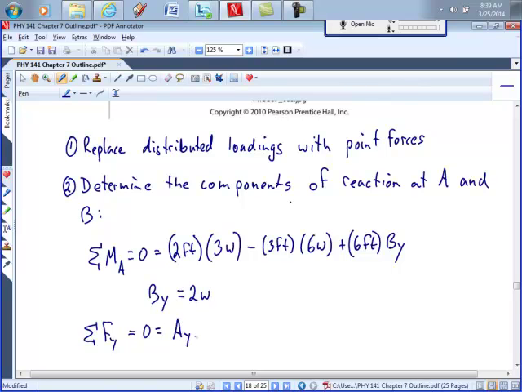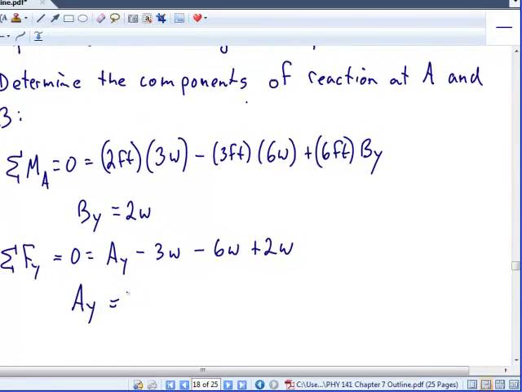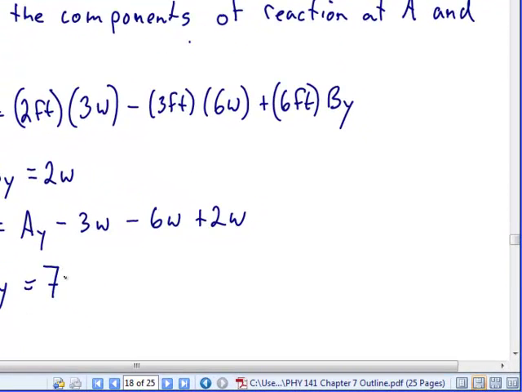That's going to be AY, assumed to be up. Has to be up. Minus 3W minus 6W plus 2W. So AY is going to be equal to 7W. All right, so we've found our reaction forces.